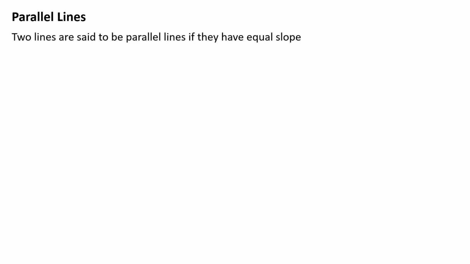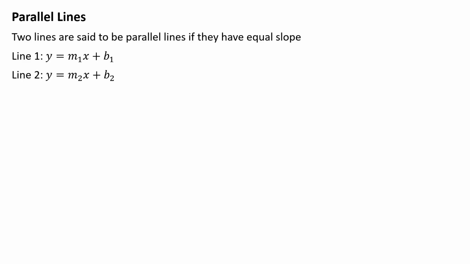And now, let us also have the parallel lines. Two lines are said to be parallel lines if they have equal slope, and that is the condition.